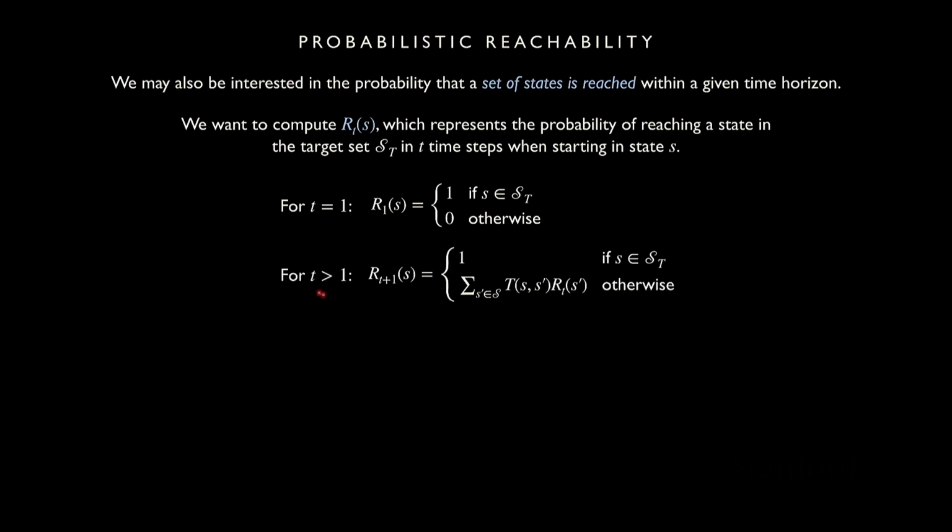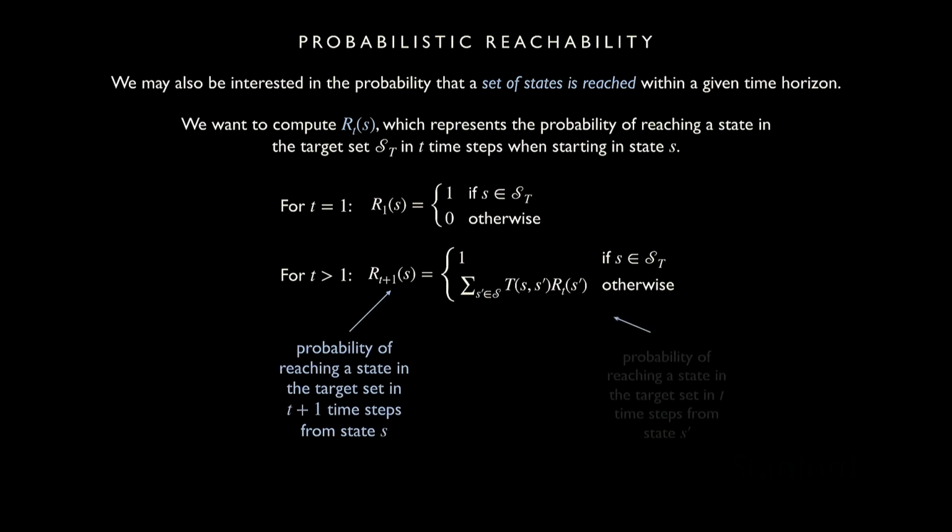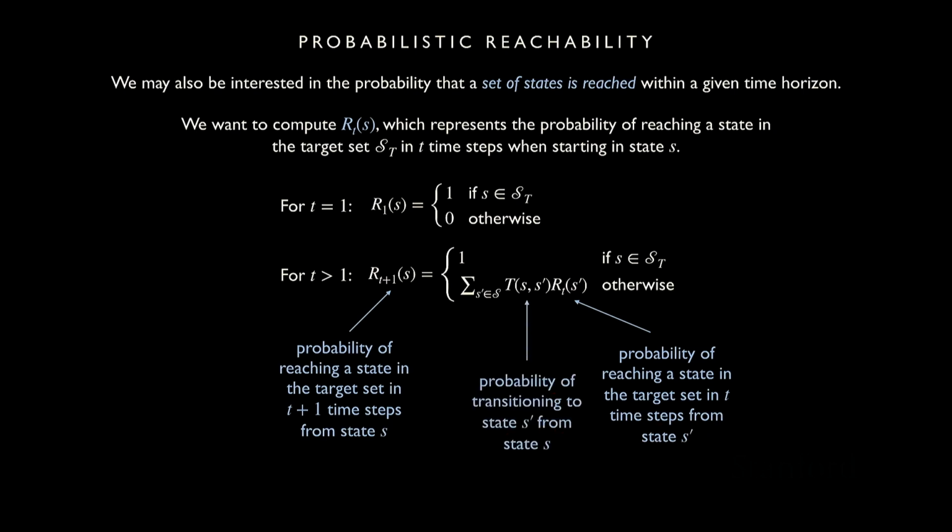And then for time steps greater than 1, the probability that we reach the target set is still going to be 1 if we're in the target set. But if we're not in the target set, it's kind of the opposite of what we were just doing. So the probability of reaching a state in the target set in t plus 1 time steps from state S is going to be the probability of reaching the target set in t time steps from state S prime, times the probability that we transitioned to S prime from state S. And then we sum over all possible next states.